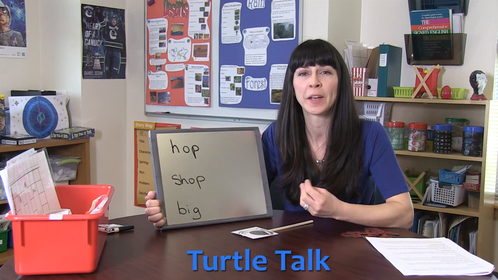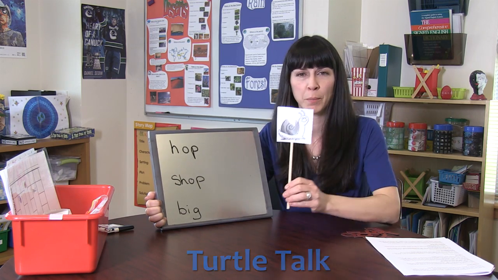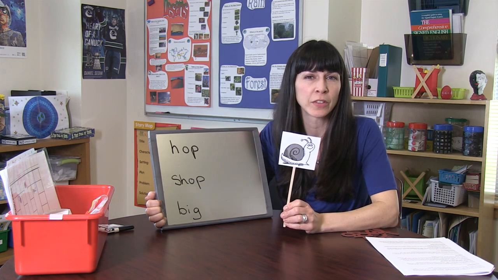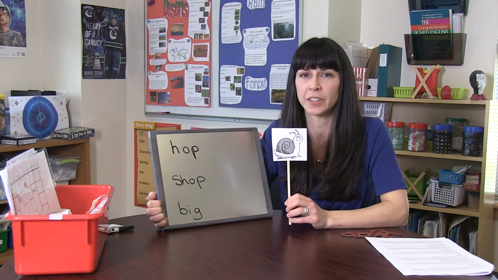Another way to make blending more interesting, especially for younger students, is to make a pointer like this and pick an animal that's traditionally slow, like a snail or a sloth or a turtle. And use this pointer to help the student slowly blend each of the letters together.